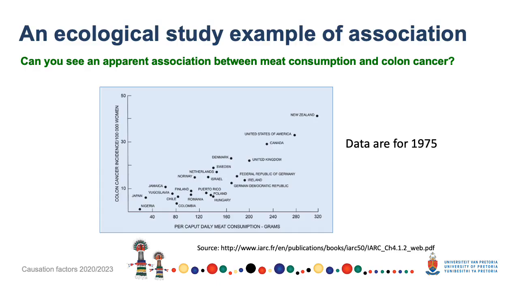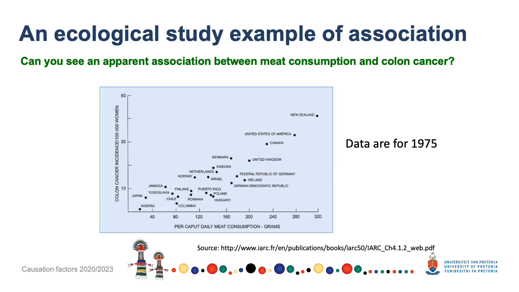I'm going to give a rather glaring example of a kind of study design that you've already covered that is particularly prone to the fact that, or leads us to have to be very careful about, assuming that an association is causal, and that is the ecological study design.